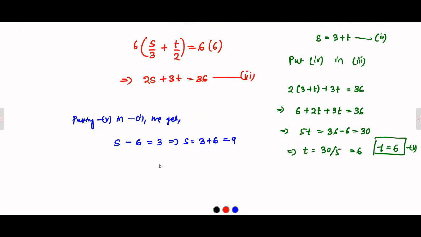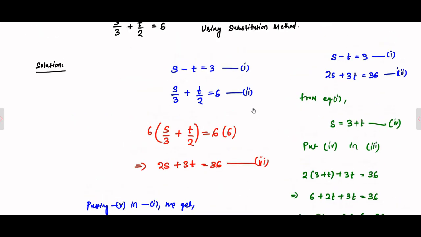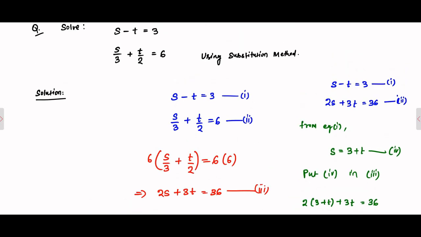So we have got s is equal to 9. So the solution of the pair of linear equations in two variables which we have got here is s is equal to 9, t is equal to 6.